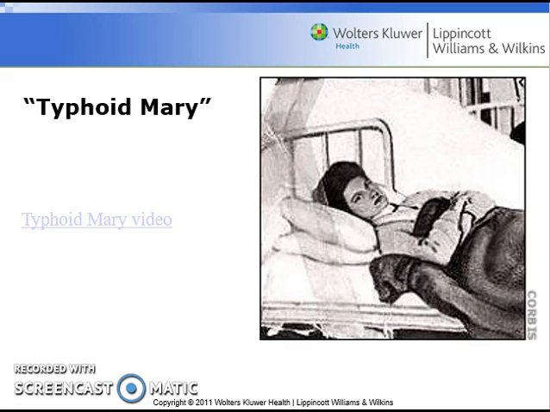She had contracted typhoid fever when she was younger, and she recovered from it. Even though she recovered, she still was a carrier of the organism called Salmonella typhi, which causes typhoid fever. And this organism resided inside of her gallbladder.